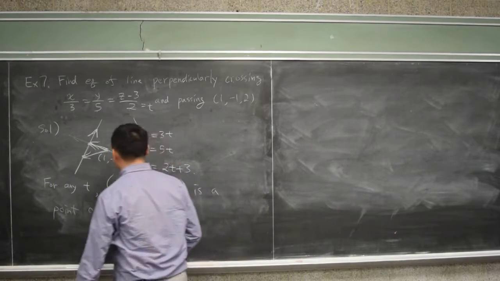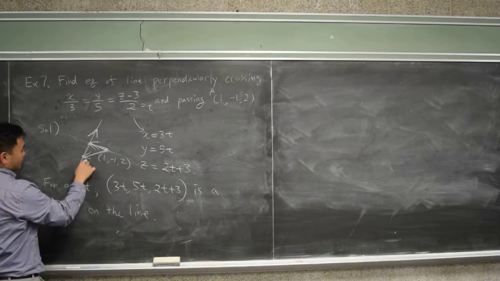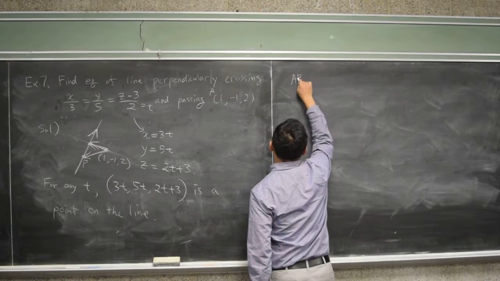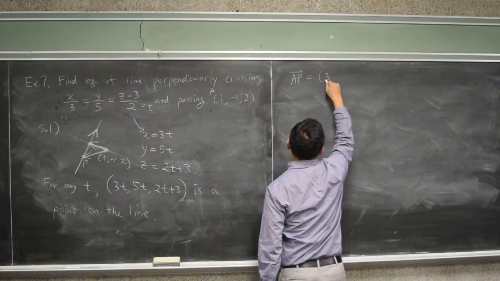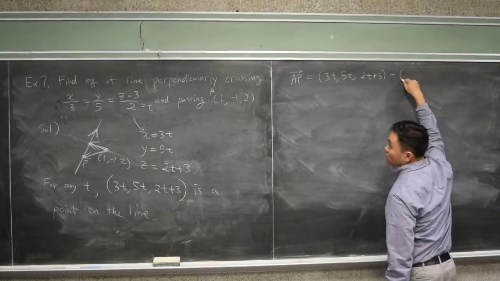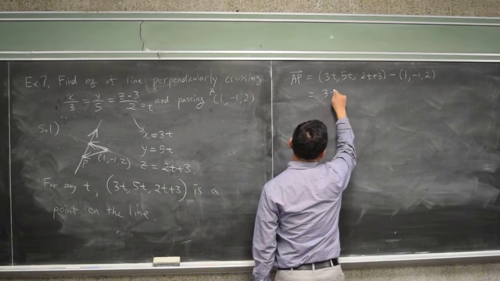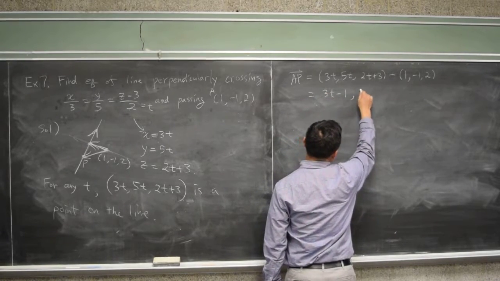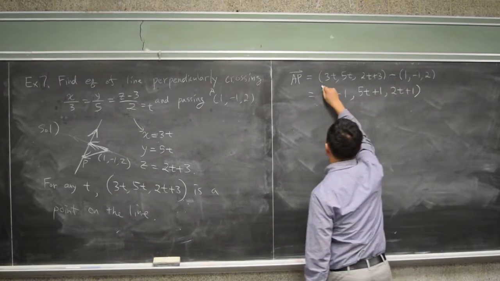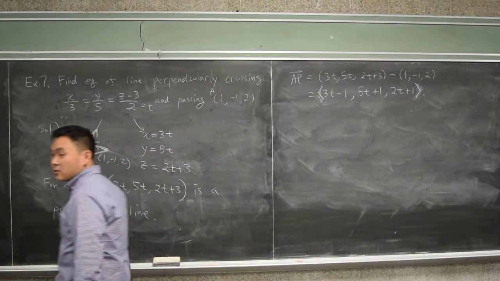If I call this point A and this point P, then vector AP is terminal minus initial, which is 3t minus 1, 5t plus 1, 2t plus 1. That's a vector.